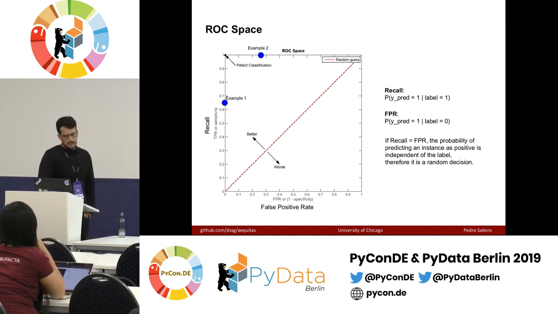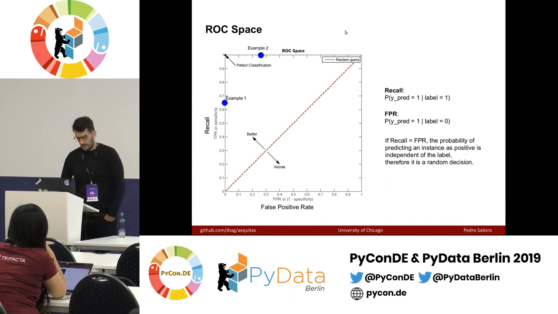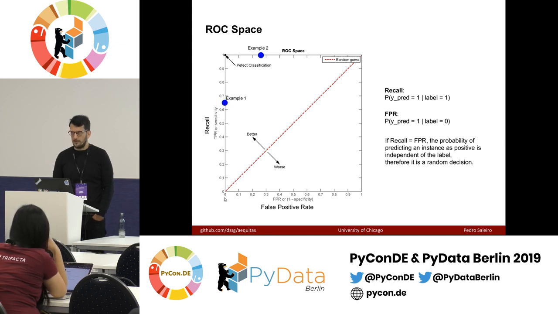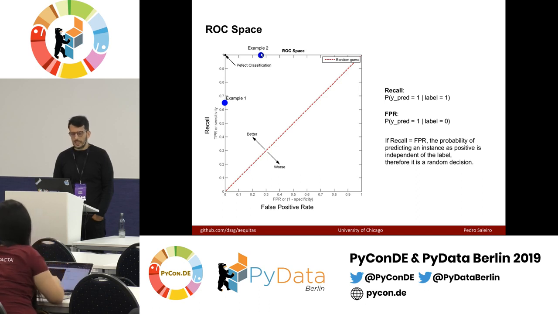About the ROC space, it's really important to understand how this works. For the same model, in example 1, we are operating at this point. We got 0 false positive rate, and we got 2/3 on recall. For the second example, when we go to 10, we already got the max recall, and our false positive rate is 0.29.